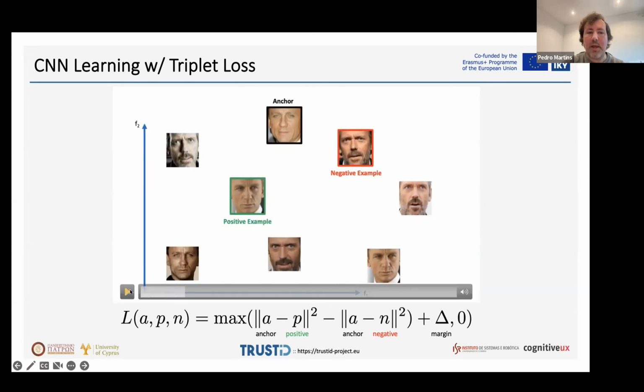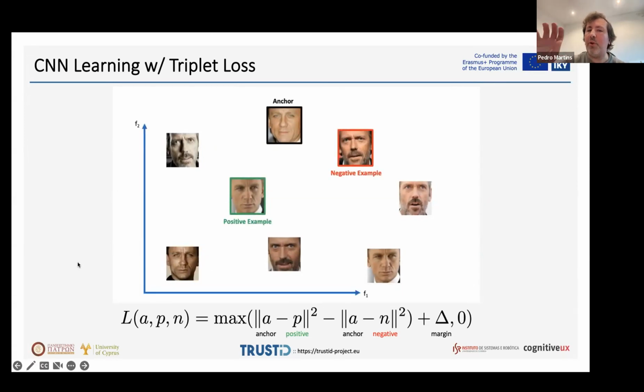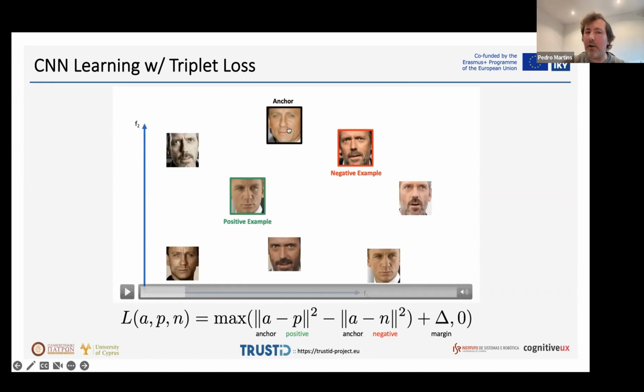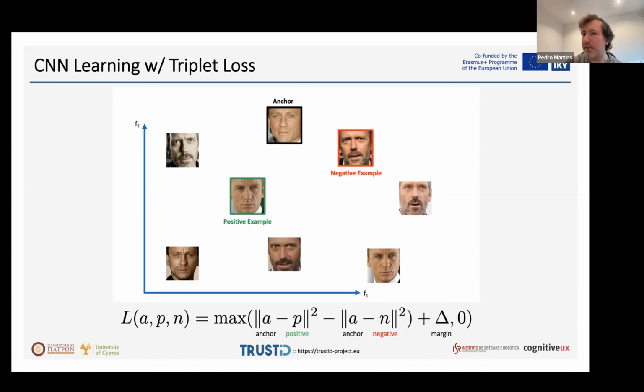These samples have 3 categories. One is the anchor, other is a positive, other negative. The anchor is a kind of a reference. Positive is a sample which belongs to the same class of the anchor, and the negative is someone from another class. Okay, so in fact the network tries to minimize this expression.